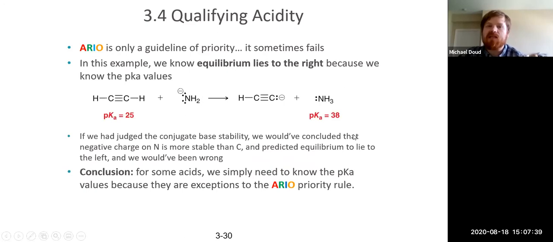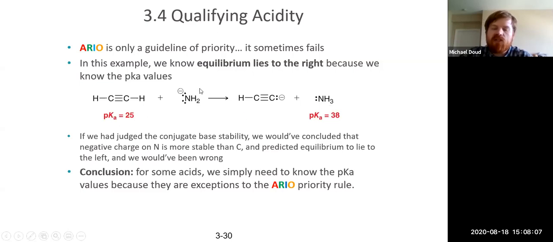Now sometimes we do have a failure of priorities here. And the most important one is basically NH2 minus. So here, for example, we have acetylene, that's an alkyne. We were just looking at this, reacting with NH2 minus to form its conjugate base where it has a lone pair on the sp orbital, and ammonia.